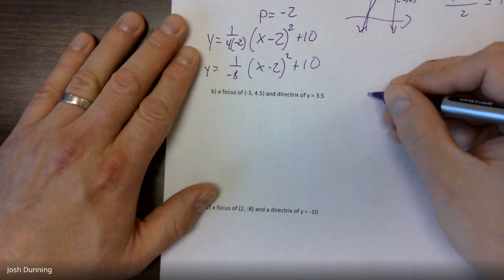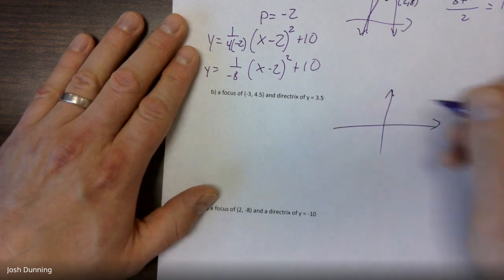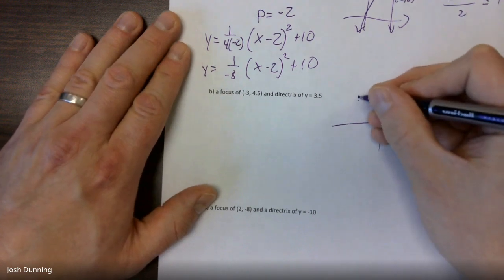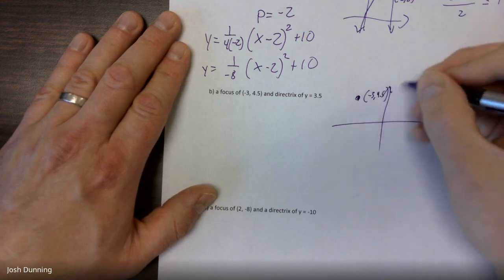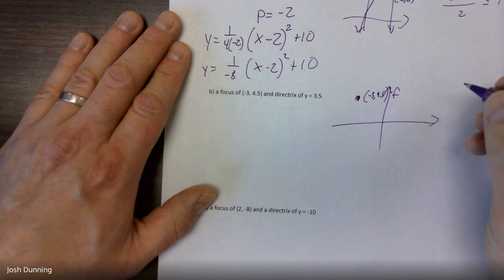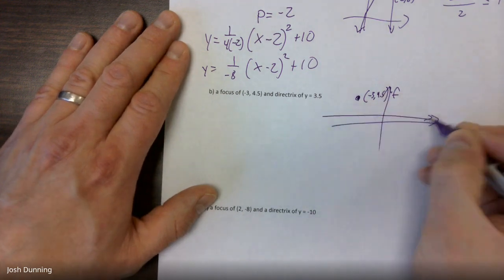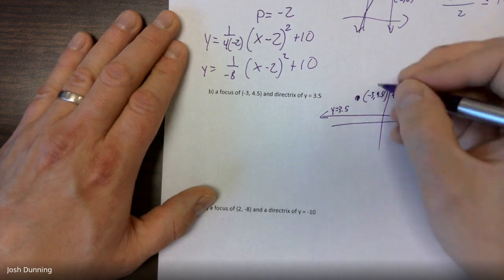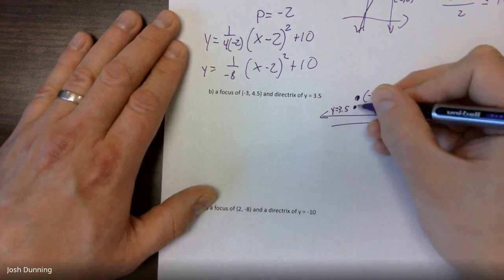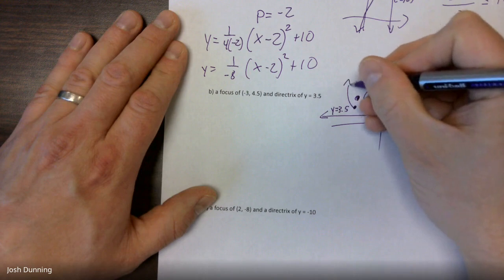So on B, -3, 4.5 is somewhere right in there. And that's your focus. The directrix is 3.5. The vertex is directly in the middle. And we're upright this time.